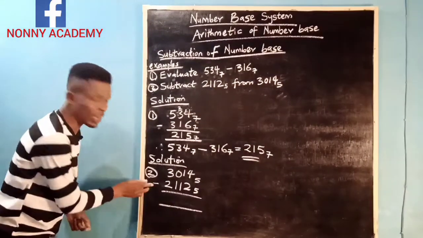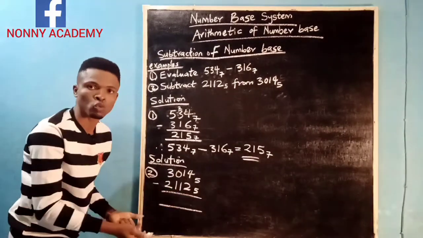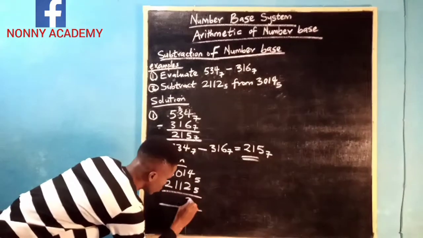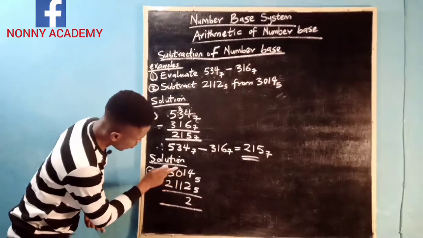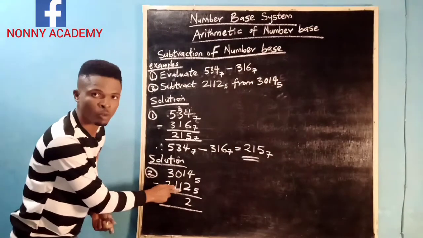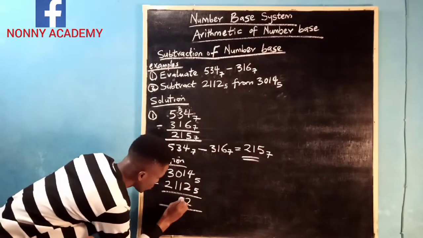So here I have minus sign. 4 minus 2 is 2. So since 2 is less than the base, which is 5, I'll put it down. 2. I move to the next digit. 1 minus 1, which is 0. Since 0 is less than the base, I'll put it down.